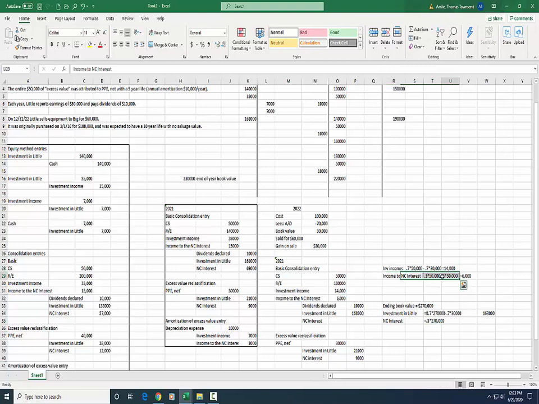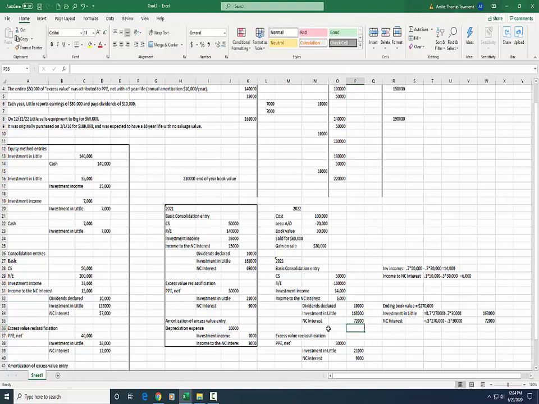Here we took away 30% of 30,000. We're going to take away 30% of 30,000. So, 30% of 270 minus 30% of 30 is the same thing as 30% of 240. So 0.3 times $240,000 is $72,000.